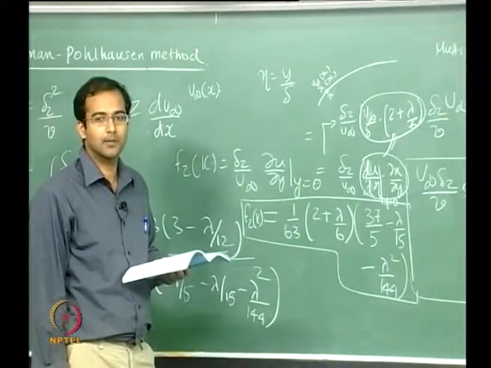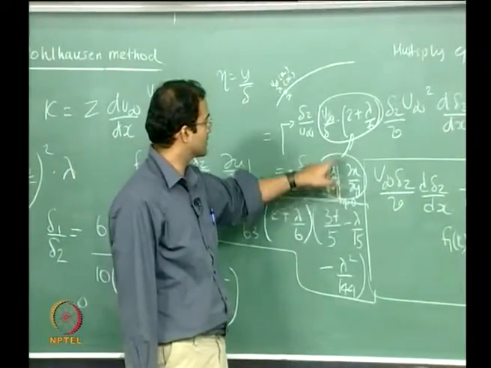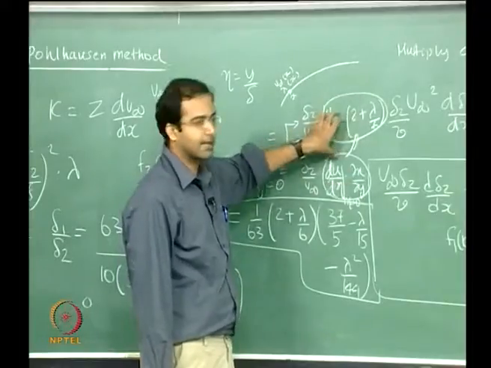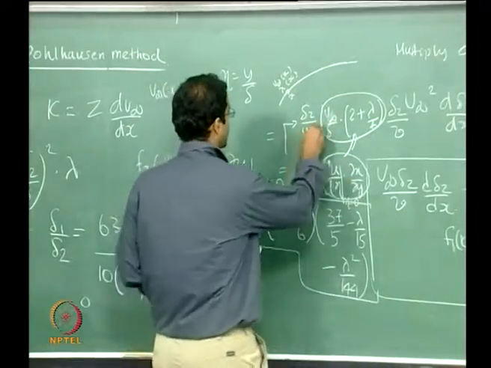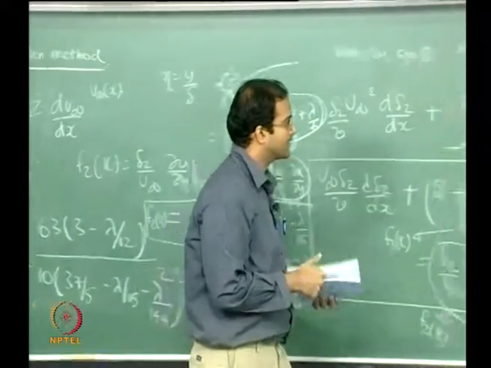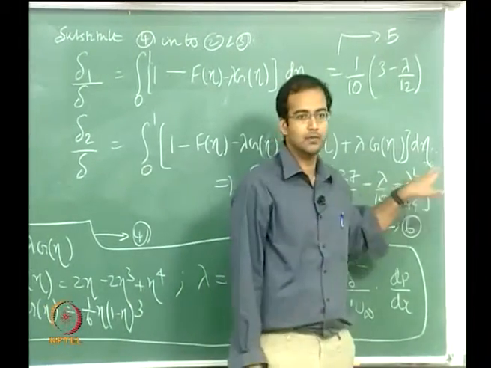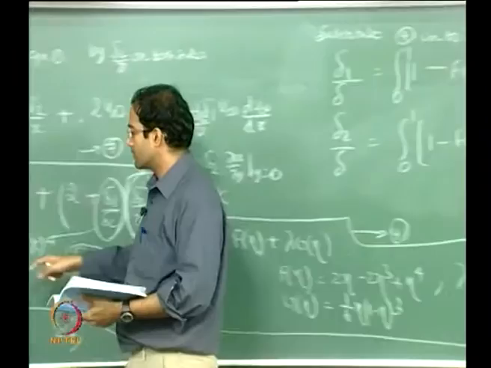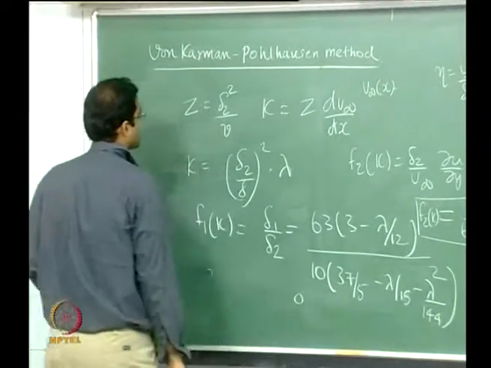This is from the previous step when we calculated du by d eta at eta equal to 0 into d eta by dy. This is multiplied, so u infinity cancels. Now this is 2 plus lambda by 6 into delta 2 by delta. So we have already derived an expression for delta 2 by delta in terms of lambda. So this gives you the final expression, so now we have expressed everything in terms of lambda.